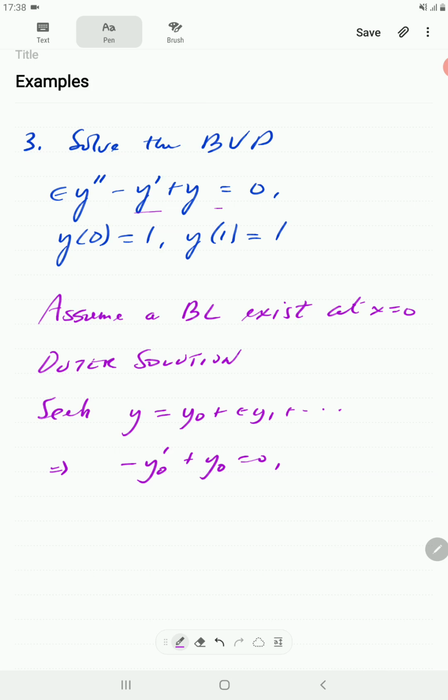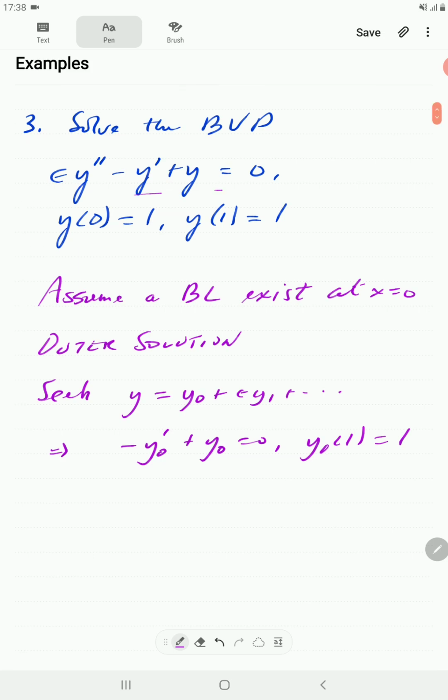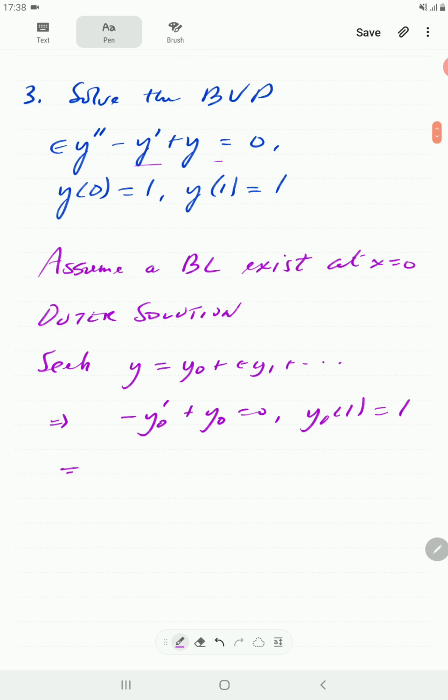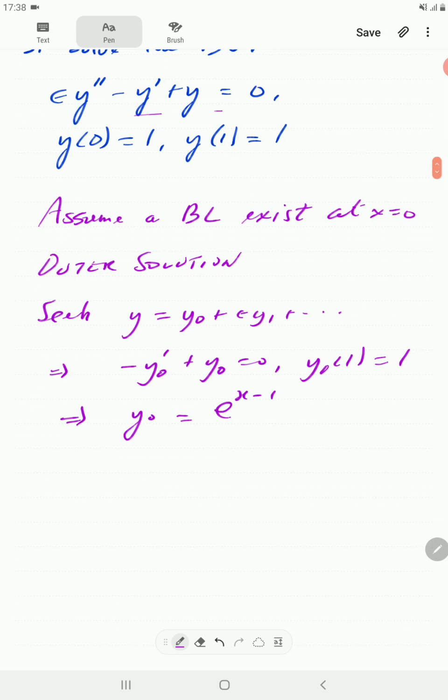Since this is going to be valid at the end x equals 1, we expect it to satisfy this condition here. Solving this tells us that y naught is simply going to be e to the power x minus 1.